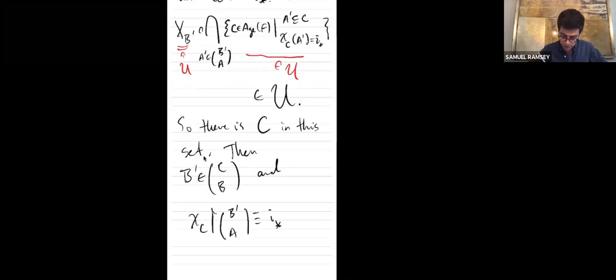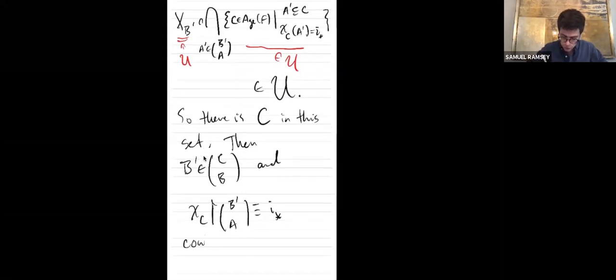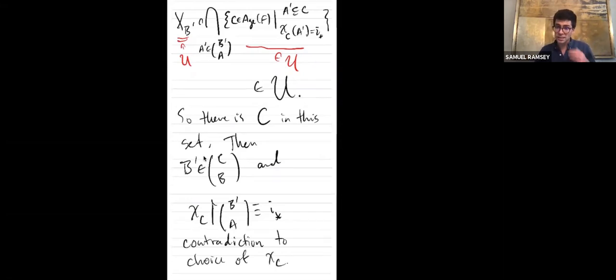That means that it contradicts the choice of chi sub C, because chi sub C was chosen such that there was no such B prime. So that says that if you know that no finite bit will be enough to get a homogeneous set, then moving to the infinite structure doesn't help. That's nice to know.